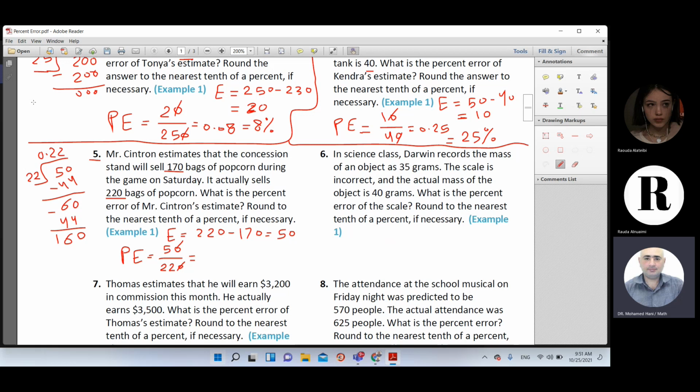Then we want a number multiplied by 22 equal 160 or nearest. We can try 5. 5 times 2 will be 10, plus 1 will be 11. And we can try 6. 6 times 2 will be 12, plus 1 will be 13. And we can try 7.